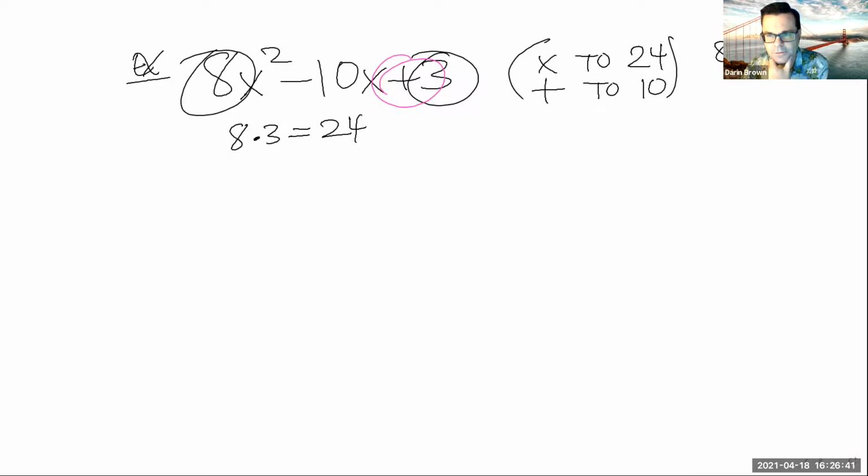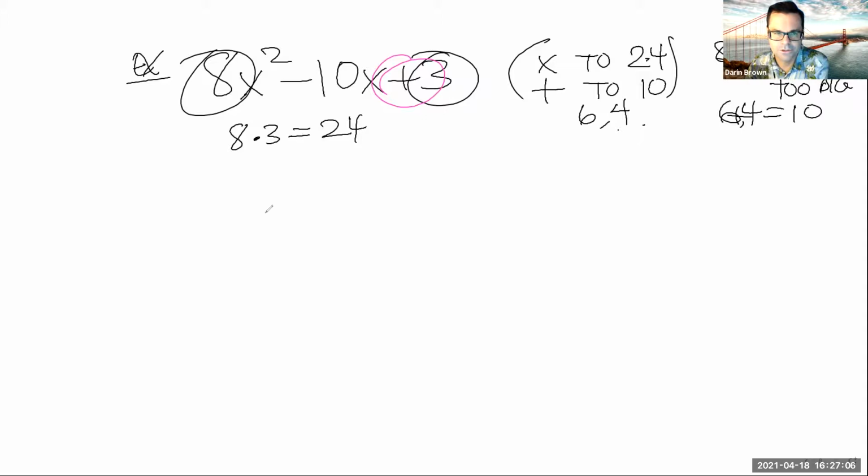Well, you could think, well, 8 and 3. So 24 is 8 and 3. But unfortunately, those add to 11, so that's a little bit too big. So if our number is a little bit too big, we need to bring the numbers closer together. And so 6 and 4 is an obvious choice, and those do add up to 10.